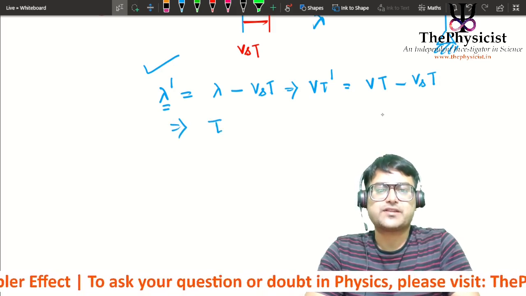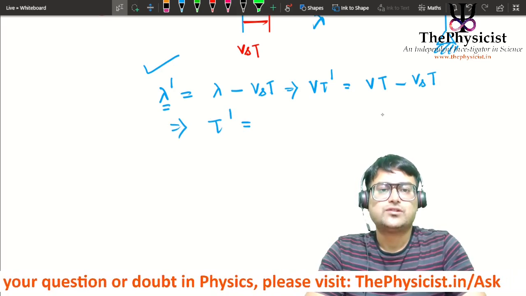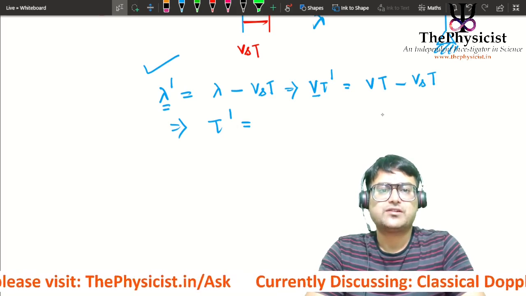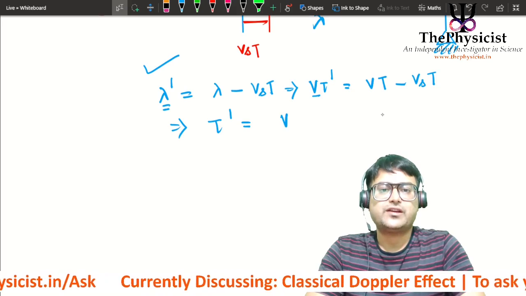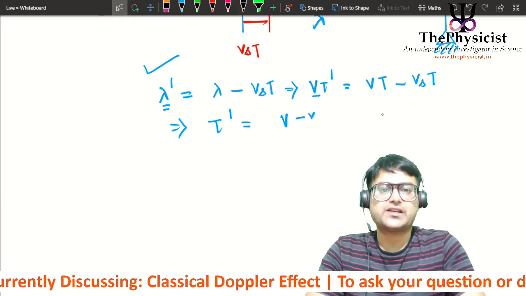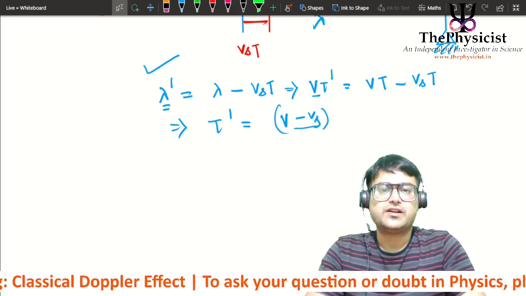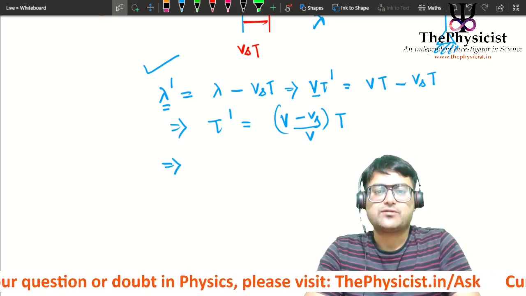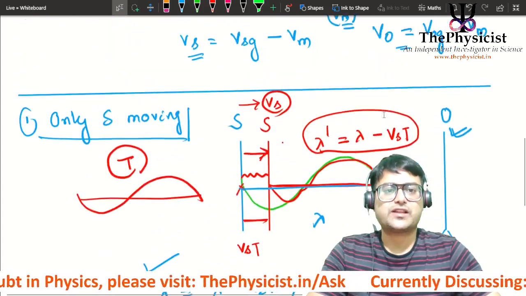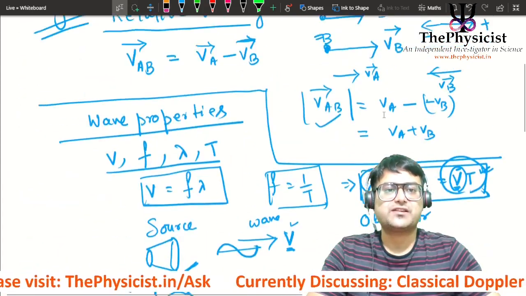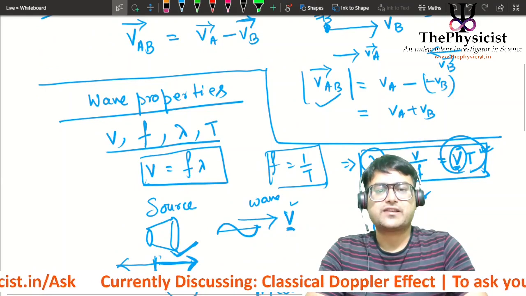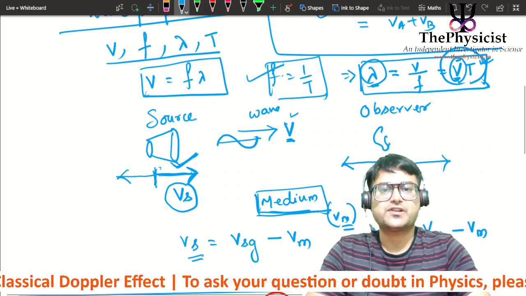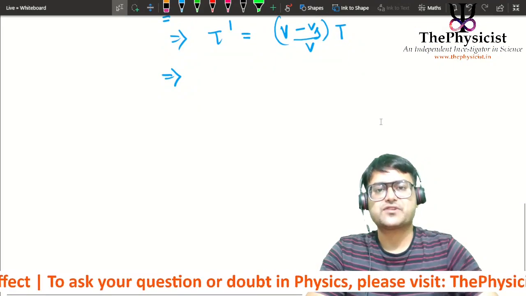From this, we can simply say that T dash is equal to, v goes to the right hand side, v minus vs divided by v into the time period, correct? Now, I also know that the time period is the inverse of frequency.